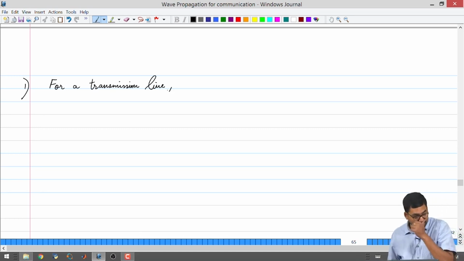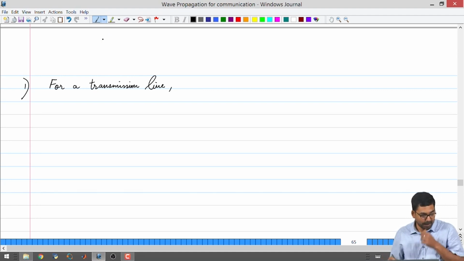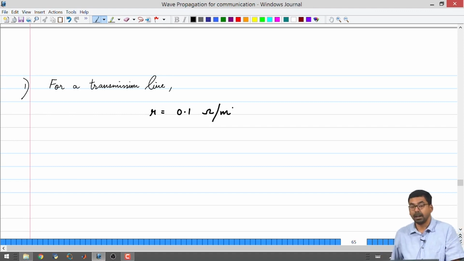For a transmission line, in this case we used coaxial cables. We had the values, which I have taken from one of the specification sheets. R seems rather high.